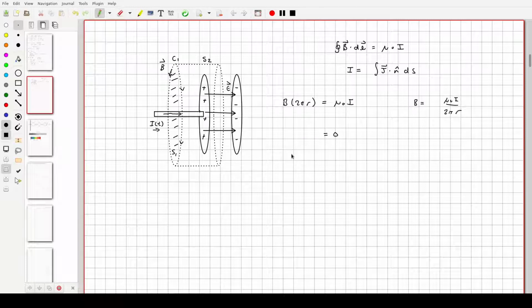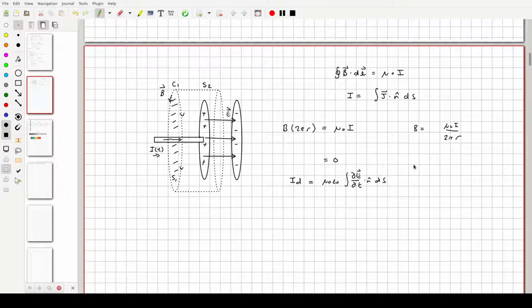So he defines this displacement current, and it's defined such that if you were to put it in, it would look like this, right there. So this was his big fix to these four equations.